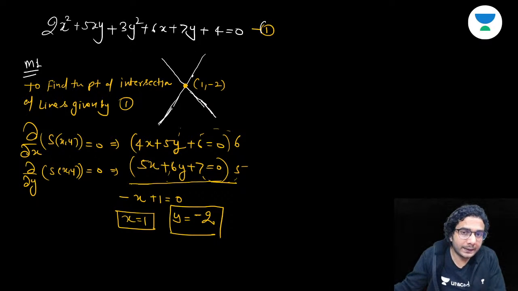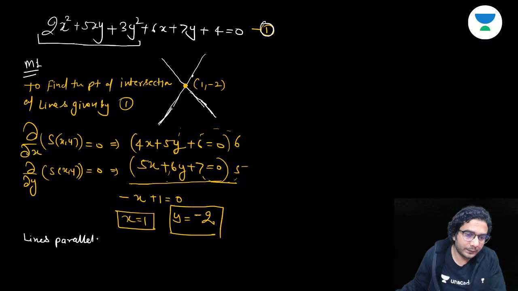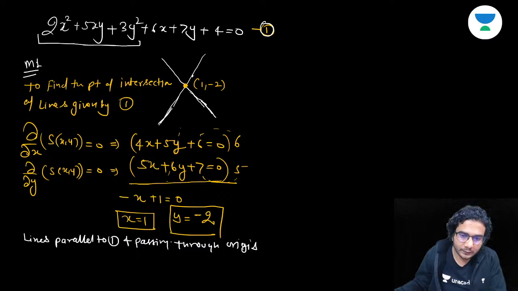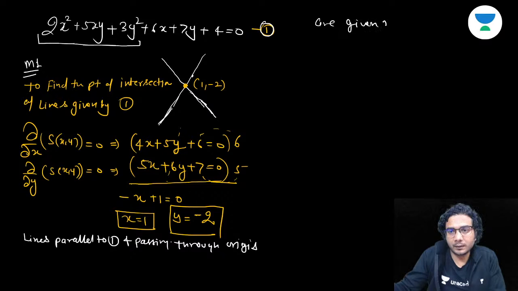So slopes of lines given by 1, because lines given by 1 are parallel to the lines passing through origin, which are given by this equation, 2x square plus 5xy plus 3y square is equal to 0.